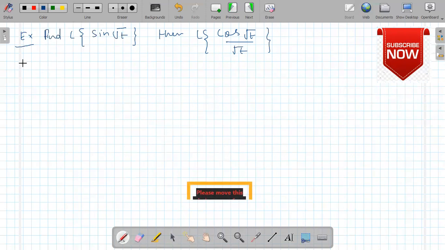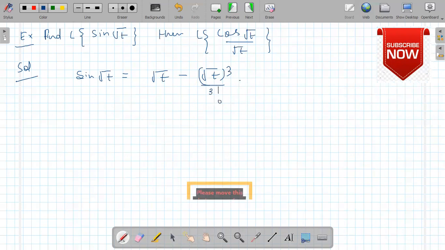So the trick here is that we expand the sine function, just like we have done in the case of Bessel's function. I'll write you the expansion of sine square root of t. Sine square root of t is square root of t minus (square root of t) whole cube divided by factorial 3.